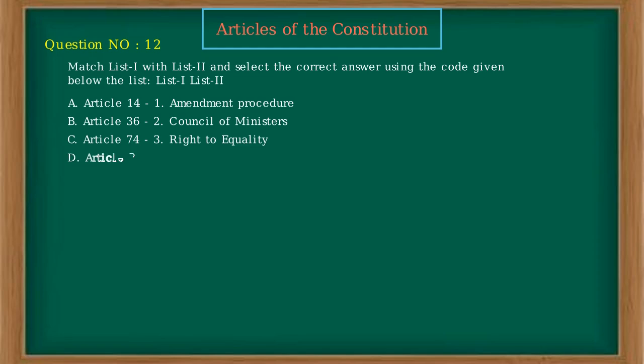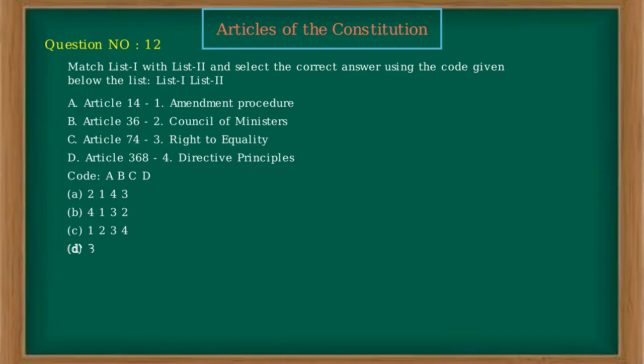D. Article 368, 4. Directive Principles. Code ABCD. A. 2, 1, 4, 3. B. 4, 1, 3, 2. C. 1, 2, 3, 4. D. 3, 4, 2, 1. Ans. D.